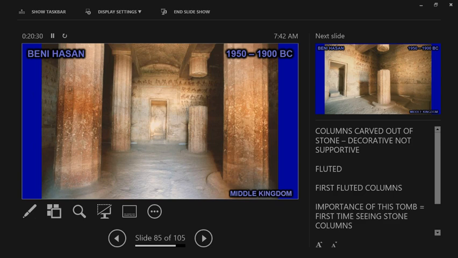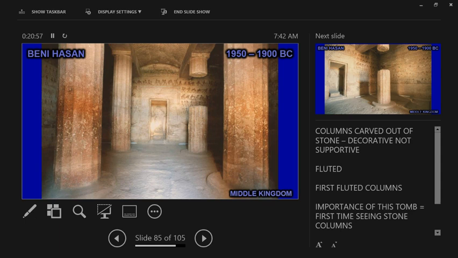Now, this column right here on the right has a big section missing in it. That shows that these columns are not supportive. They don't support. Right? These columns are all one piece. In fact, this whole room was all one rock, and then all the empty space in here was carved out. So the columns were not added to support the roof.